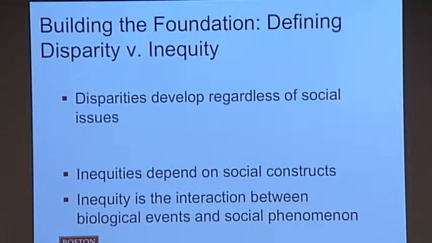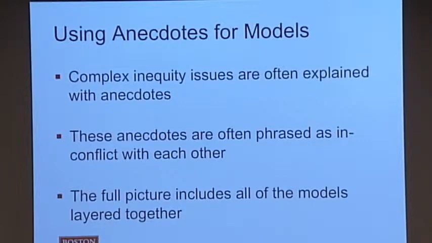An example of a disparity would be something like sickle cell anemia or Tay-Sachs disease. An example of inequity, which we'll see many of, would be something like differences in diabetes rates. One of the things I found in my research was that a lot of public health researchers use anecdotes or ideas or stories as ways to model these very complex issues.